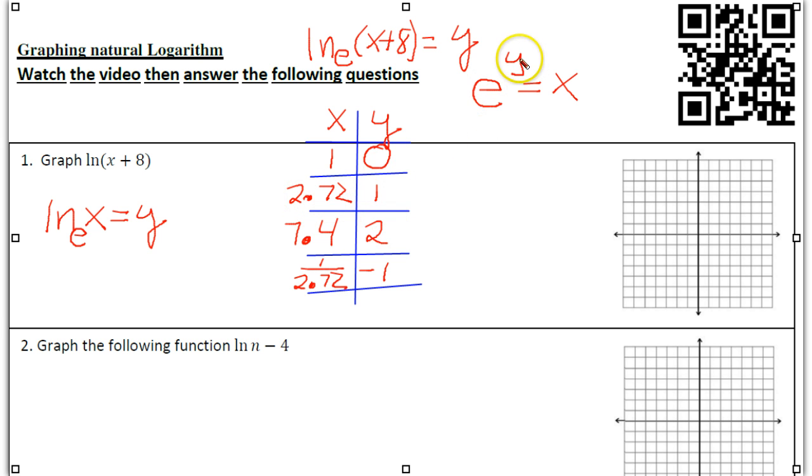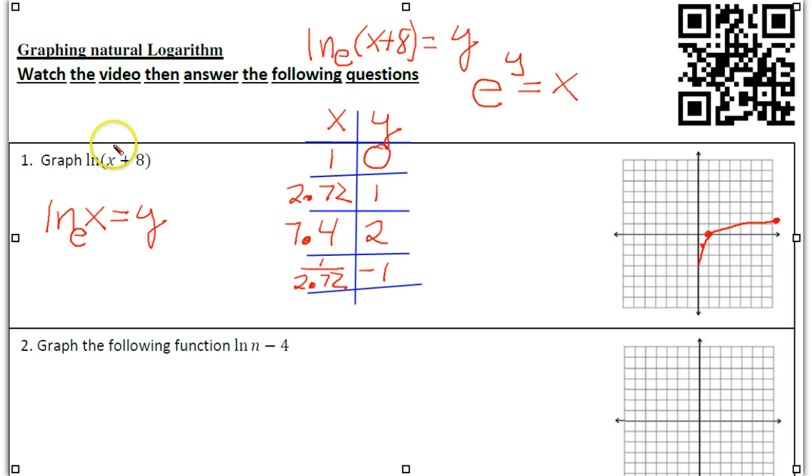If y is 2, we're going to square e and get approximately 7.4. And if y is a negative 1, we just get the reciprocal of what we had for 1, which was 1 over 2.72. So there's enough points for us to graph. So we get this basic shape.